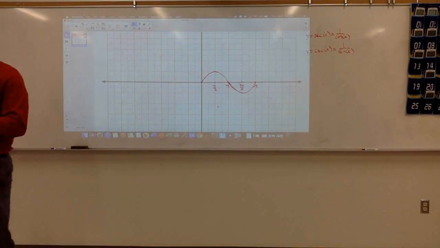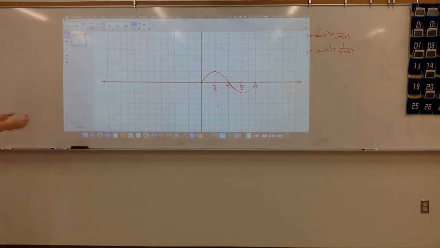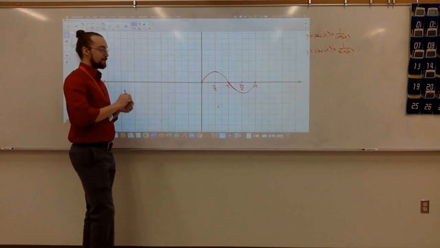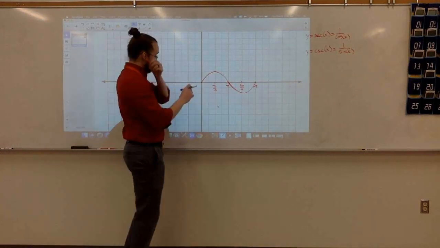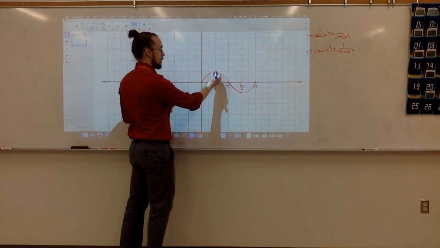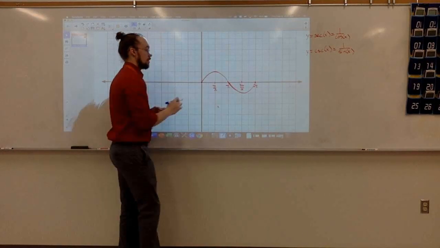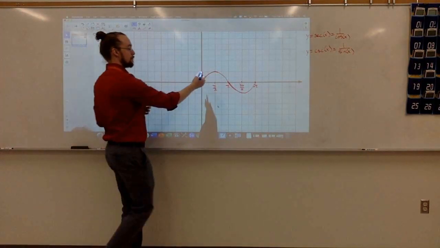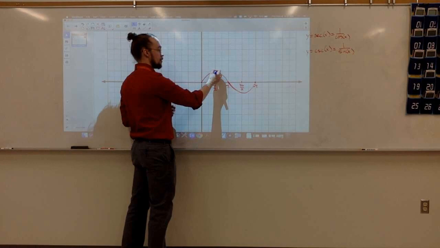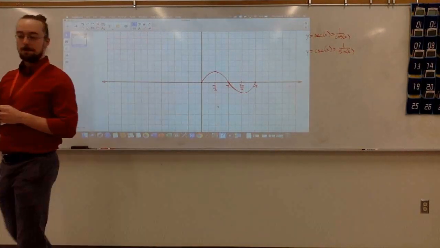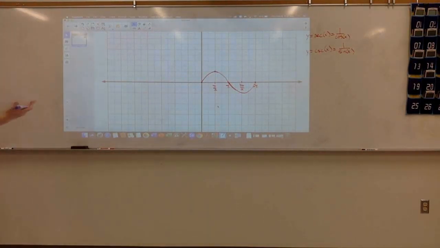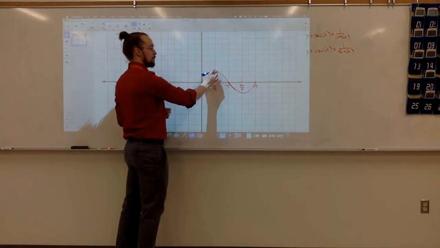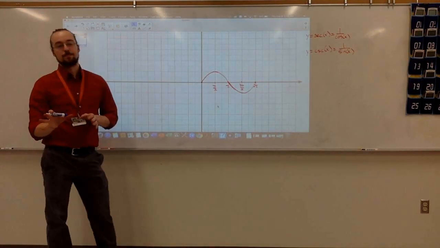If I think about taking some of these values and taking the reciprocals, well, say at this point right here, if we think about the unit circle, I'm not saying this correctly. Hold on.